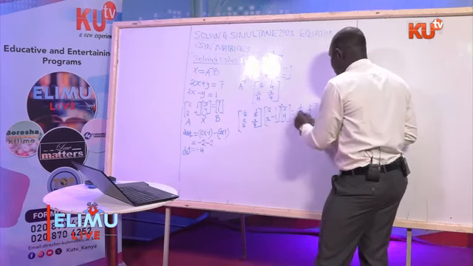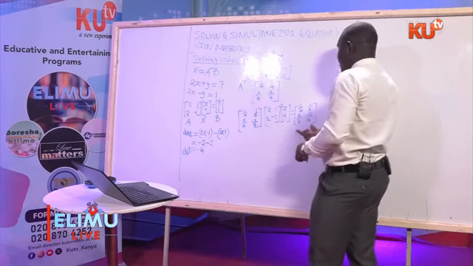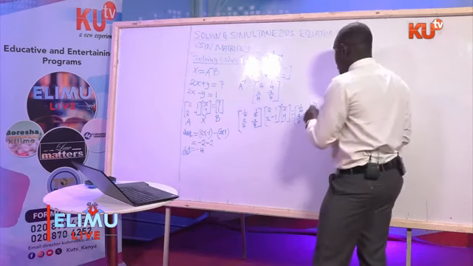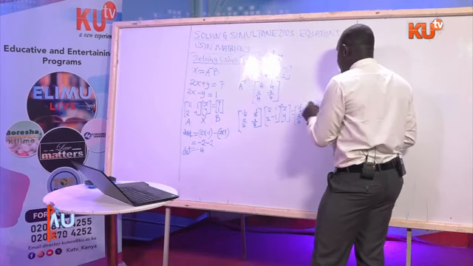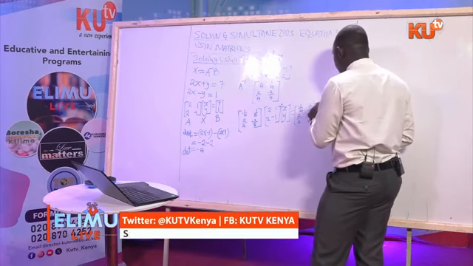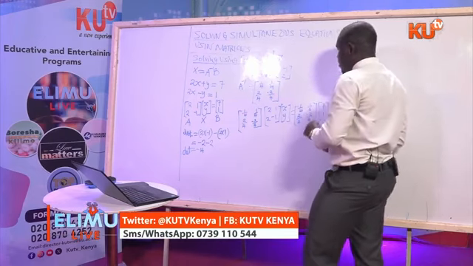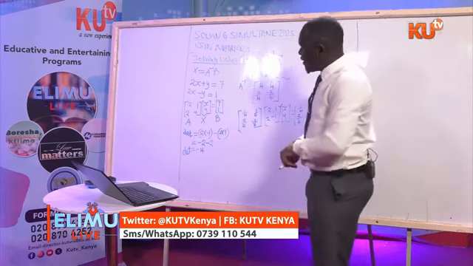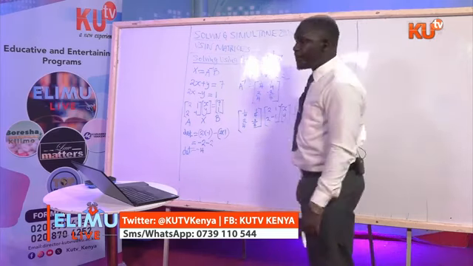This is my inverse matrix, learners. After getting this as my inverse matrix, I'm going to pre-multiply it with this element, which is 7, 1. Are we there?